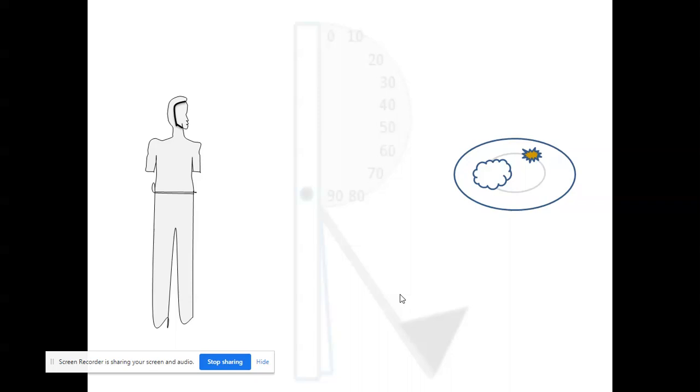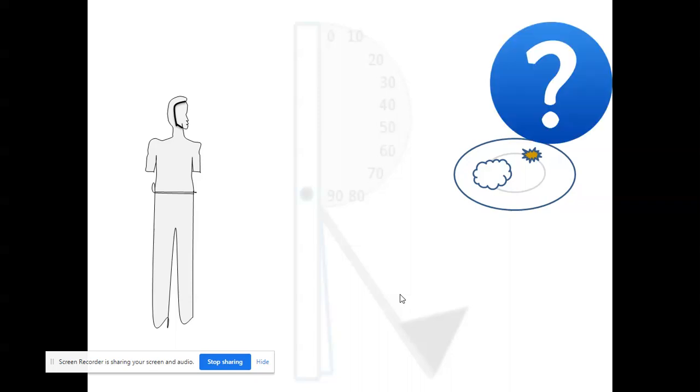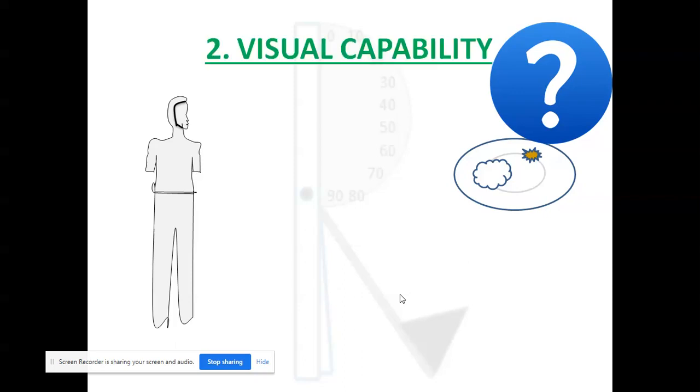He can see the food, but it is a little far away. He is confused about the distance of the food. This is nothing but visual capability. The vision is impaired between near vision and far vision. He doesn't understand whether the object is near or far. This is visual capability variability.